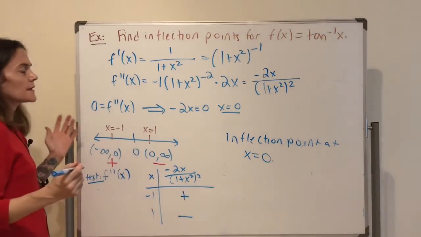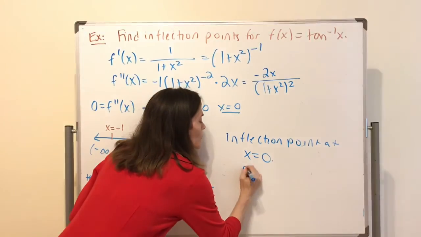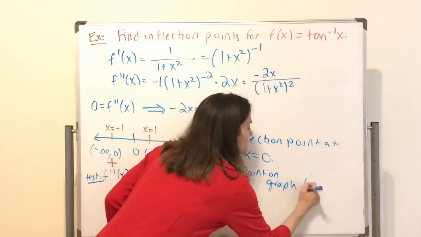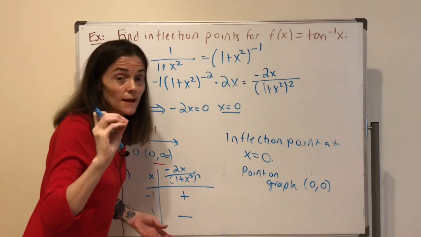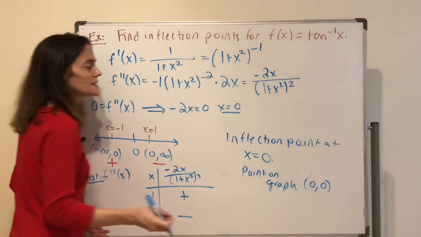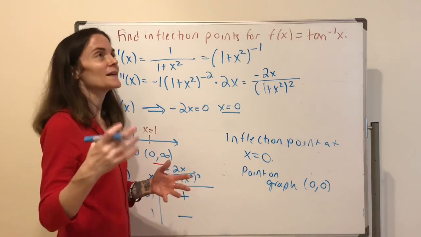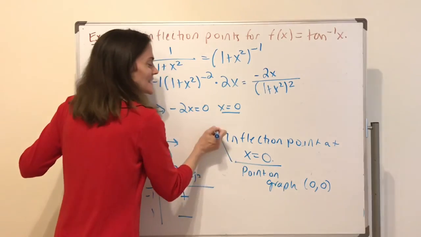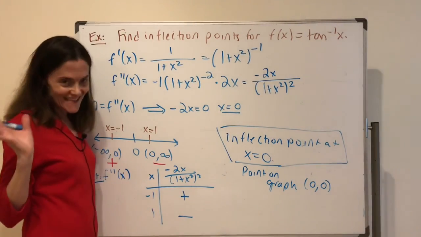And similarly, if you wanted to put the point on the graph, the point on the graph, just as a comment, is 0, 0, because the tangent of 0 is 0, which says that the tan inverse of 0, well, is 0 also. Okay, but this is the x value. We have an inflection point at x equals 0.